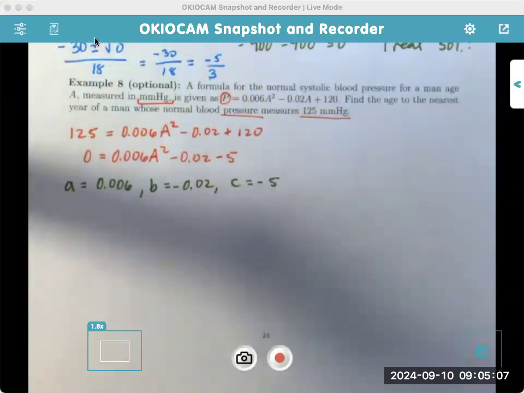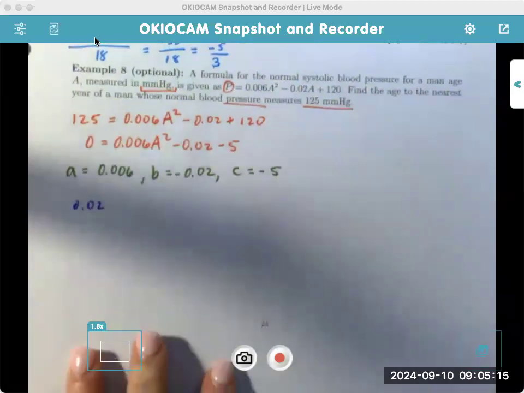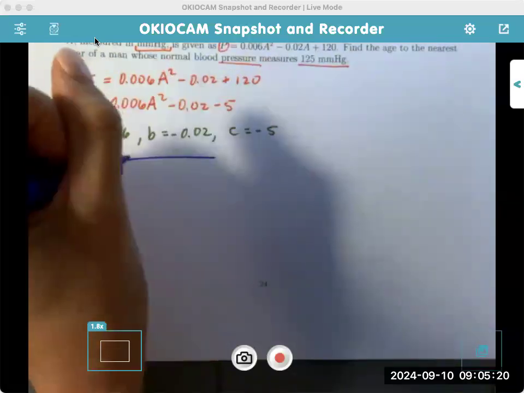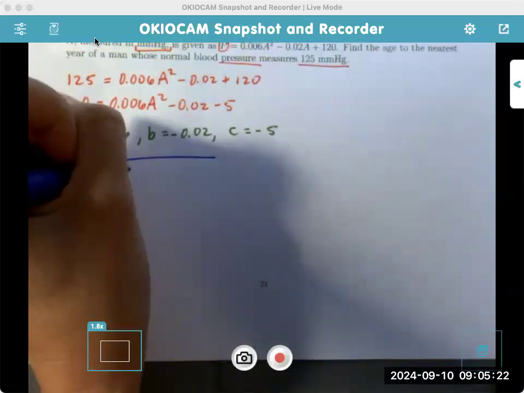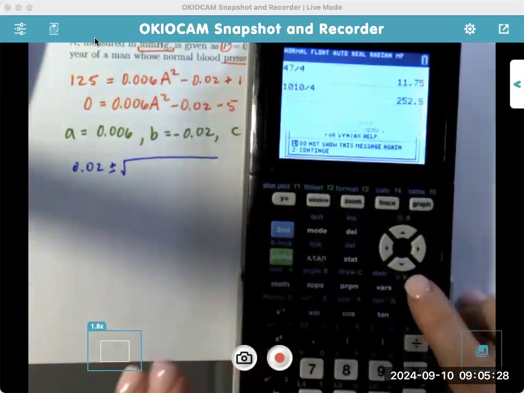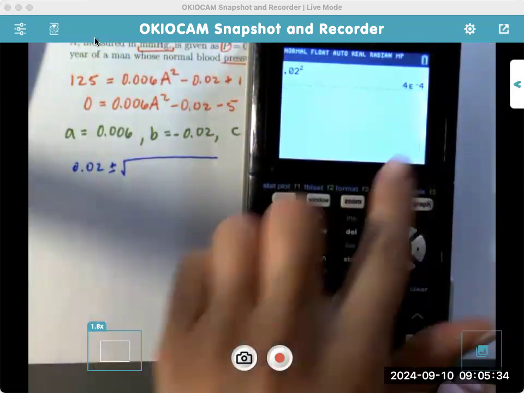So we're just going to pop this into the quadratic formula. So negative B, so negative is a positive 0.02 plus or minus the square root of 0.02 squared. Let's see.